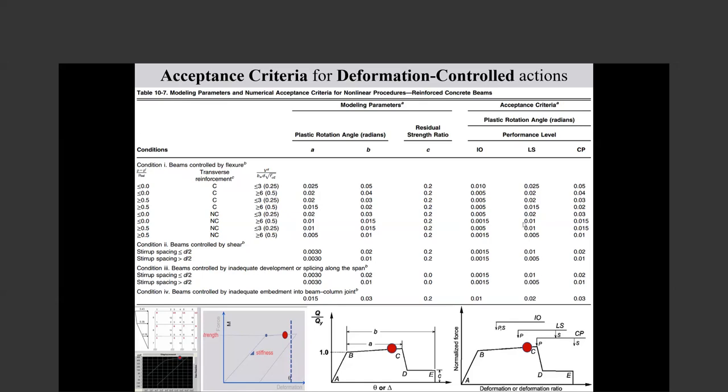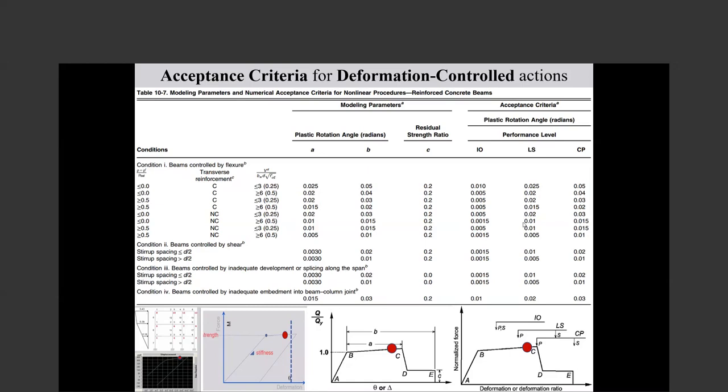Because the building codes don't have this information about the acceptance criteria. In fact, the table that you can most probably see on the screen, these tables, they don't have tables like this. So there are two approaches for the new building. Now I can check the NBCC to see if it is included or not.